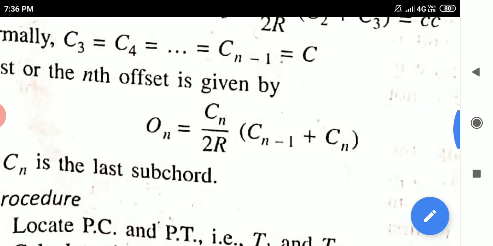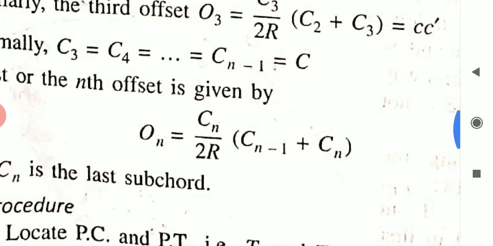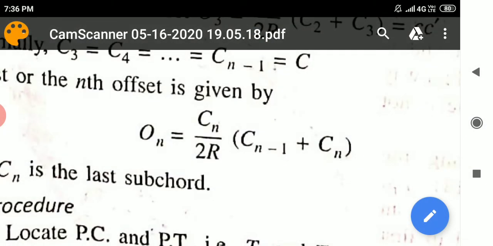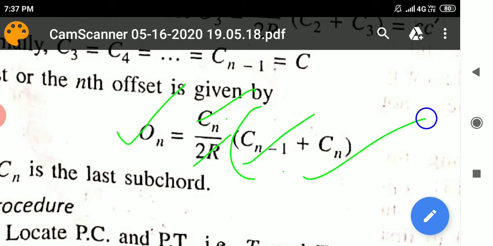If there are n curves, the equation becomes On equals Cn divided by 2R into Cn minus 1 plus Cn.